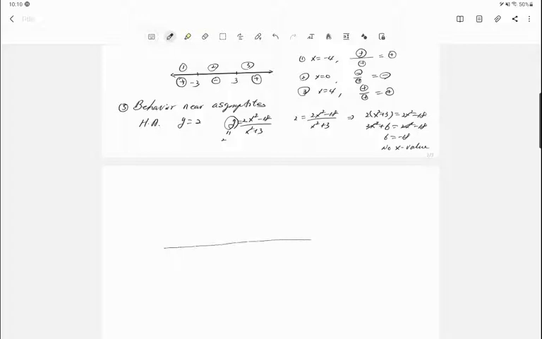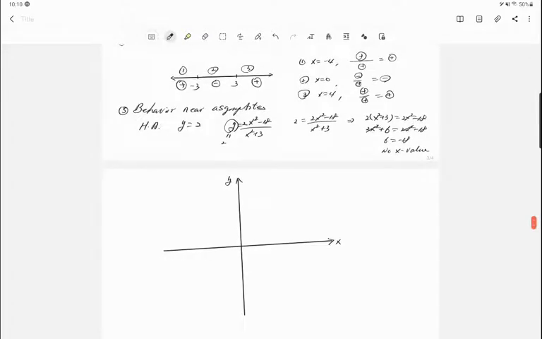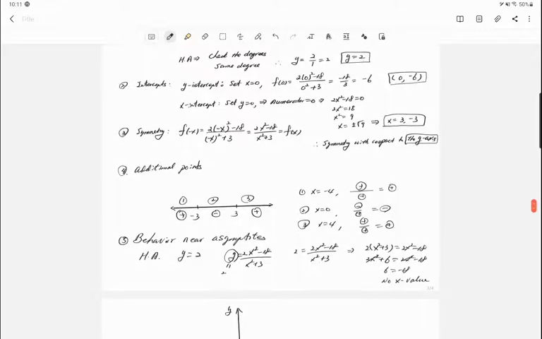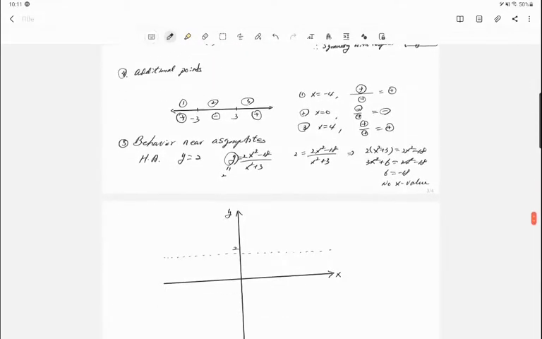All right, look at this. This is the x-axis and the y-axis. There's no vertical asymptote, but there's a horizontal asymptote. What's the horizontal asymptote? y equals 2. And the x-intercepts are 3 and negative 3.